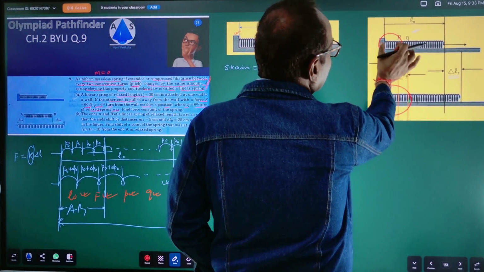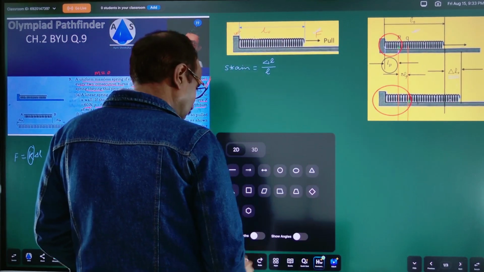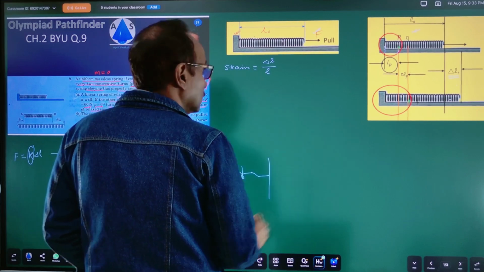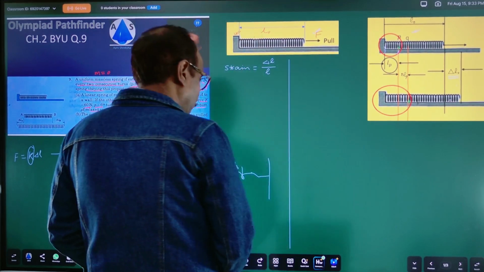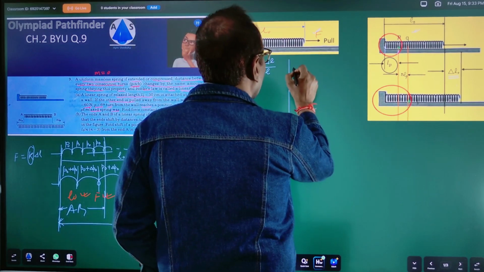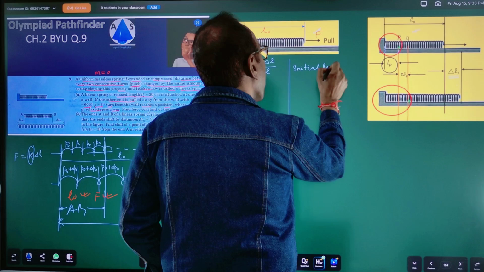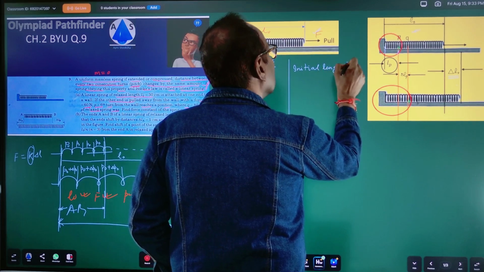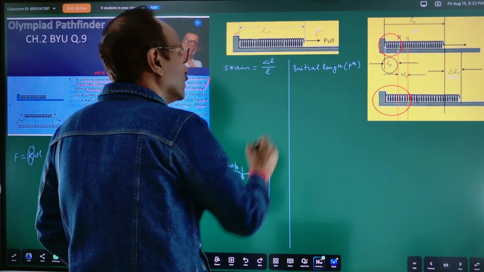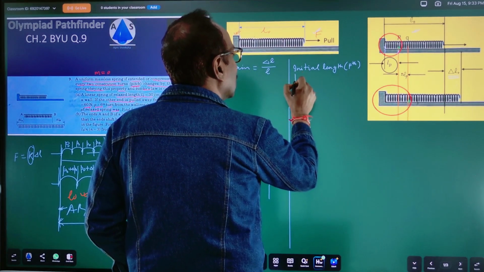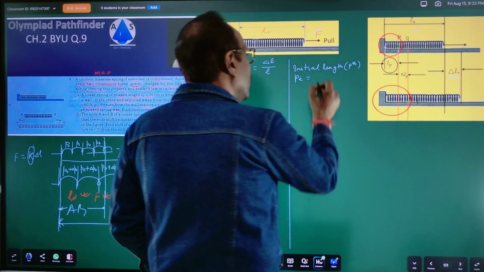So let us focus on this problem now. What is the length of the pth turn from the wall? Initial length. Initial length of the section of the spring till the pth turn, if we say it as Lp, that was equal to the pitch.